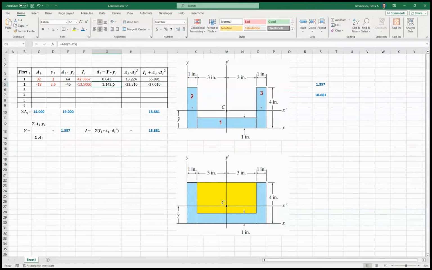And then the other one would be the 2.5 from the x-axis, which we've got before, minus the centroid. Then we have the area times distance squared, and then centroidal moment of inertia plus area times distance squared. Sum them, same values. So I think this is it, 16 minutes of recording. I hope this was useful.